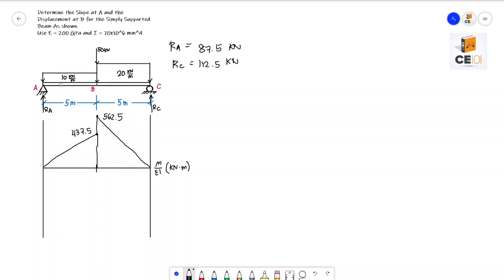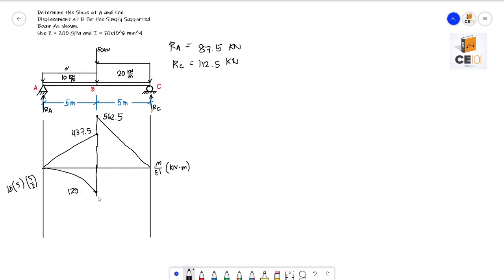Tapos next is yung mga UDL natin. So unahan natin yung 10 kilonewton meter. So, in 10 kN meter, magkakaroon siya ng 0 degree curve to. So, pag 0 degree curve, papunta ng moment, magiging 2 degree curve. So, yung 2 degree curve na yon is ito. Ayan. 2 degree curve na mayroong value na 10 times 5 times 5 halves. So, itong value na to will be 125.